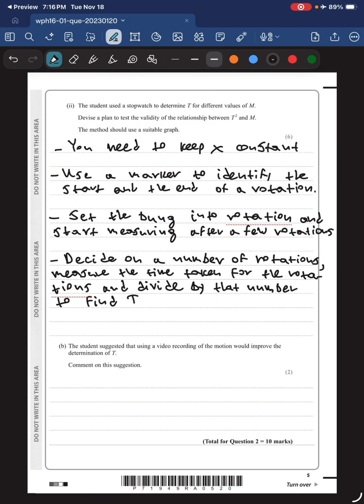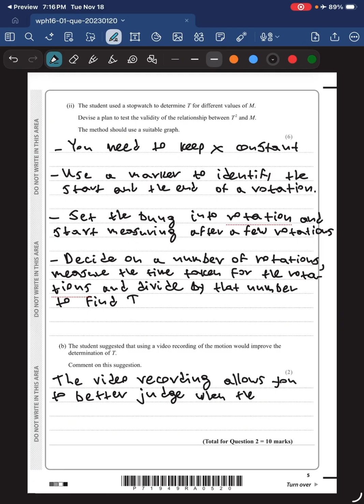So this is an excellent idea, actually, because the video recording allows you to better judge when the rotation is complete, because you can pause it.